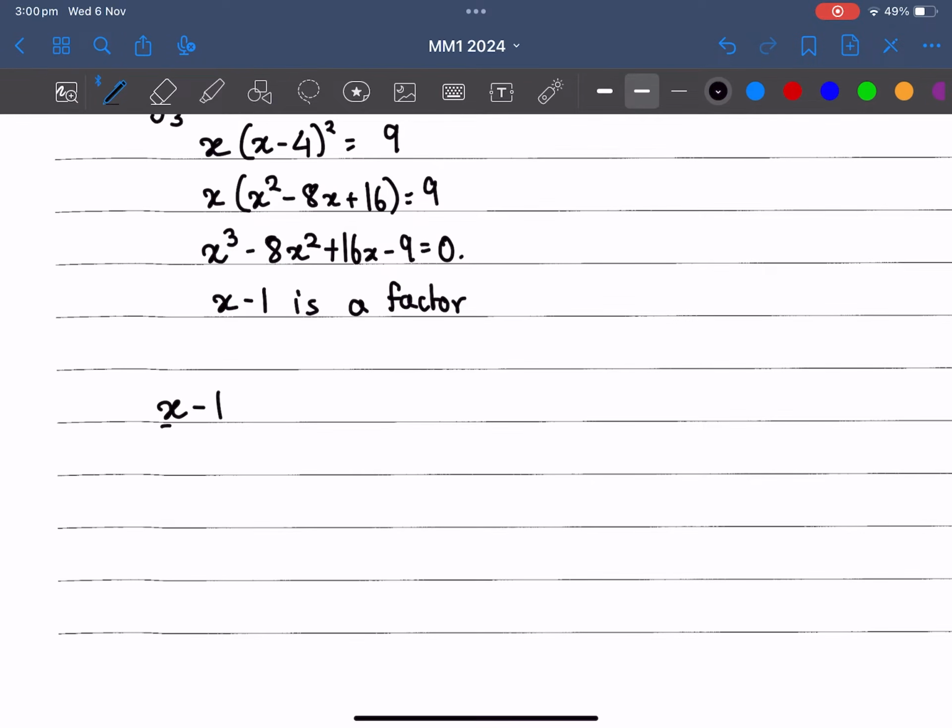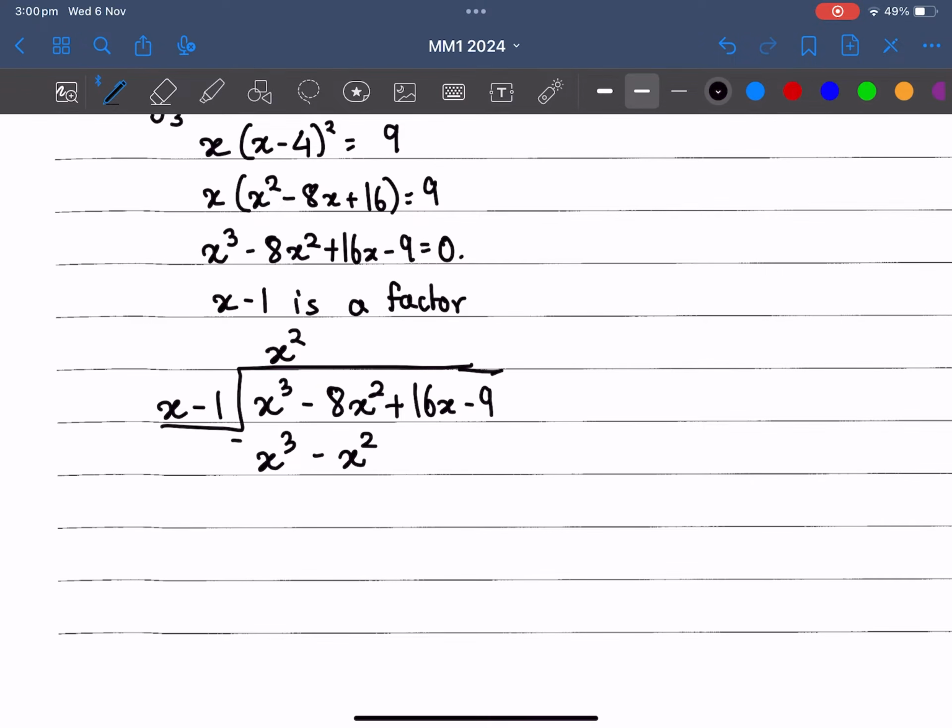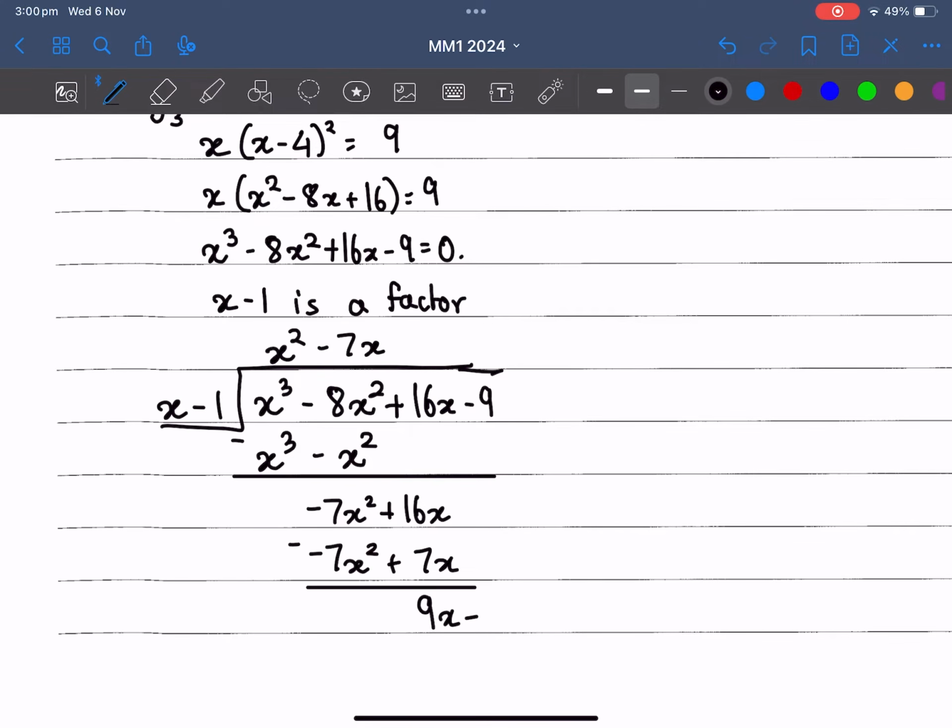So x minus 1 into x cubed minus 8x squared plus 16x minus 9. So x squared, x cubed minus x squared, minus 7x squared plus 16x. Then this will give us 9x minus 9.